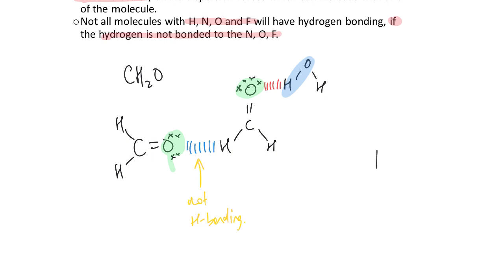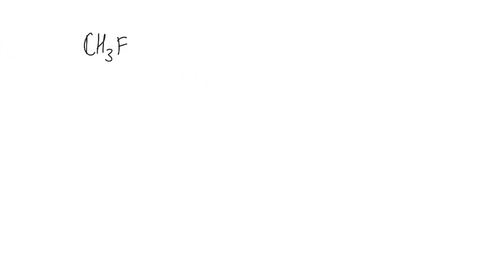So let's have a look at this one here. Maybe let's do CH3F. Can this have hydrogen bonding with itself? If you draw this one out, it turns into this. Will this have hydrogen bonding with itself? Well, first of all, is it a polar molecule? Yes, because you can have a negative side on this side and a positive side on the other side between the three hydrogens.